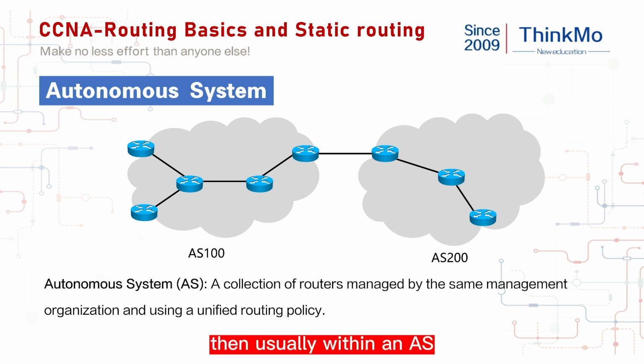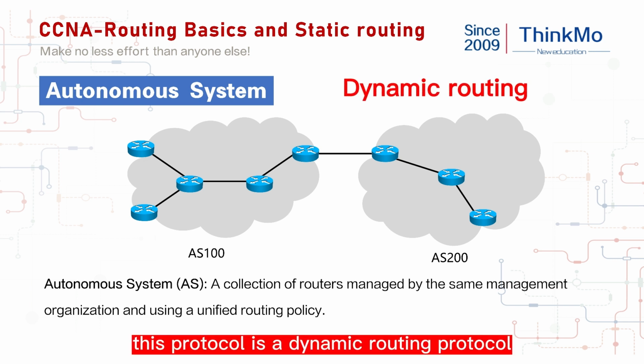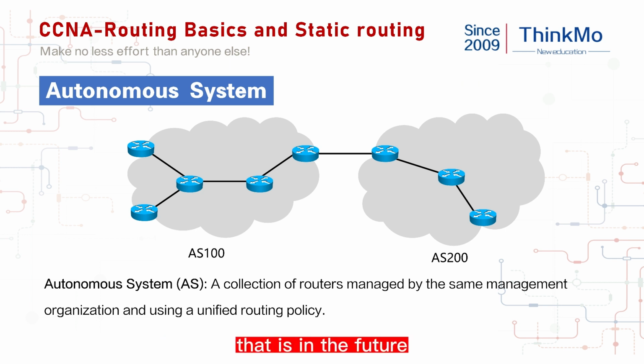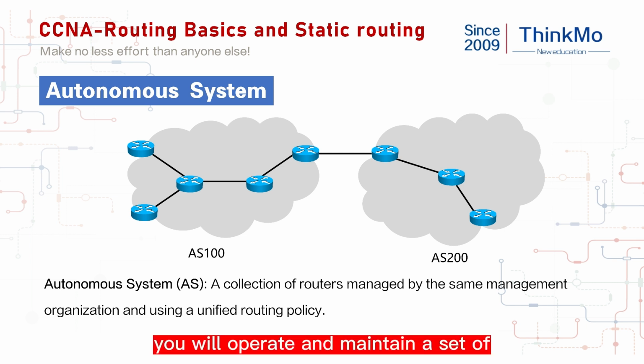Then usually within an AS, we'll run the same protocol. This protocol is a dynamic routing protocol, and the strategy is relatively simple. That is, in the future, you will operate and maintain a set of enterprise networks, and you must plan ahead.